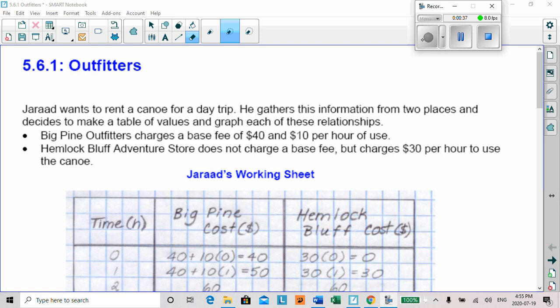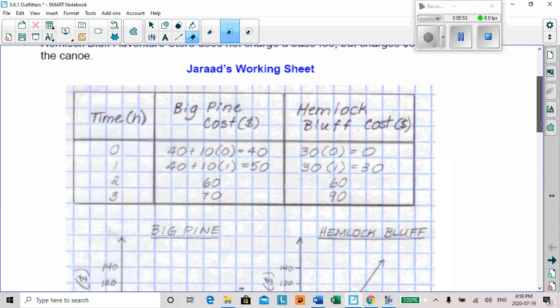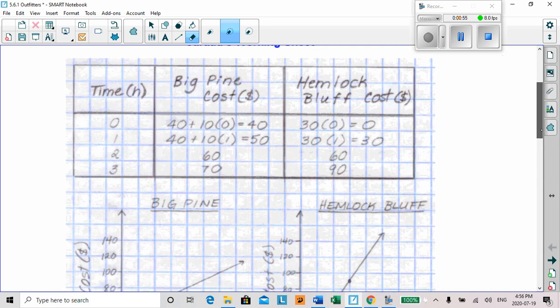The other company, Hemlock Bluff Adventure Store, does not charge a base fee, but charges $30 per hour to use the canoe. So Gerard made this table of values, and he goes up to 3 hours.